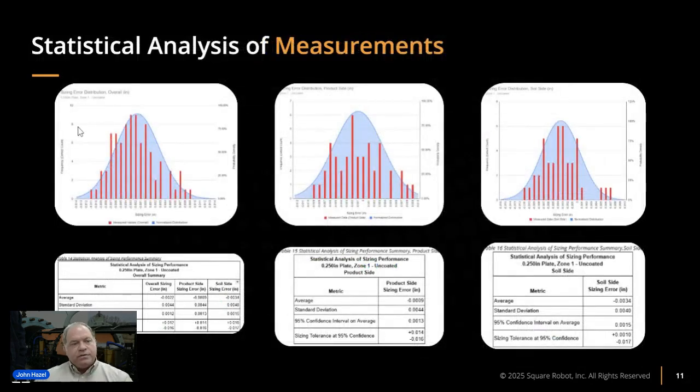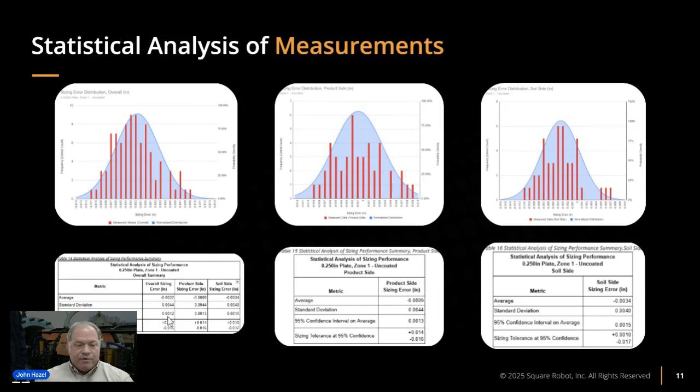So this first aspect here, this is product side and soil side displayed together. And what we get is a standard deviation of 0.0044. So that's 4 mils for all 176 discontinuities here. 95% confidence level of 0.0012.